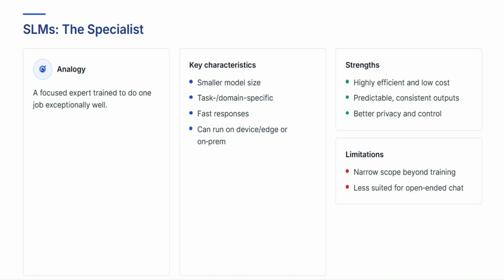They can even run on local devices, factory systems, or on-premise servers, which makes them ideal for privacy-sensitive environments. The trade-off is scope. SLMs are not designed for open-ended conversations or broad knowledge beyond their training.